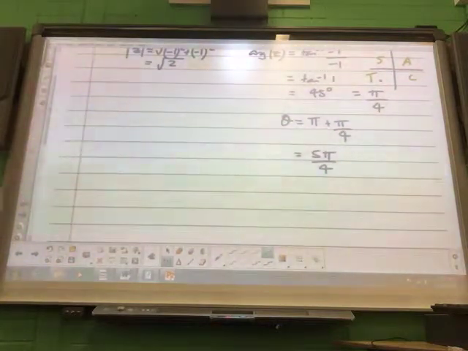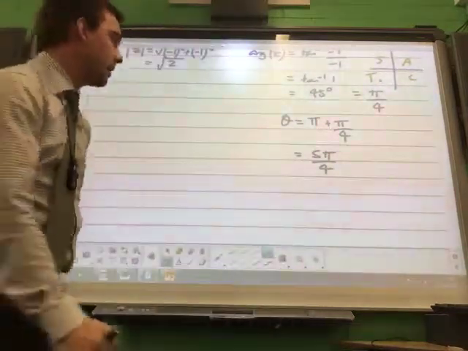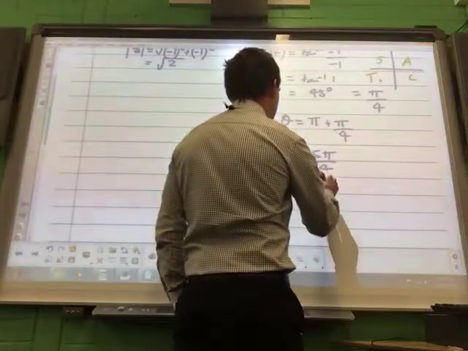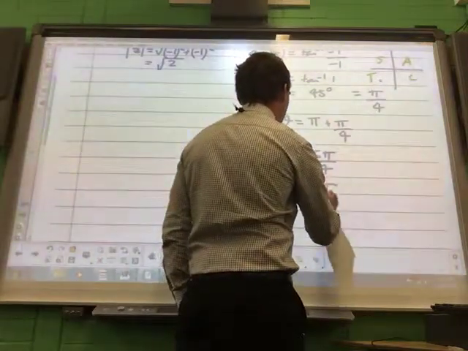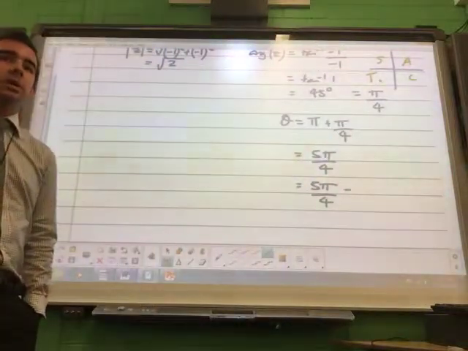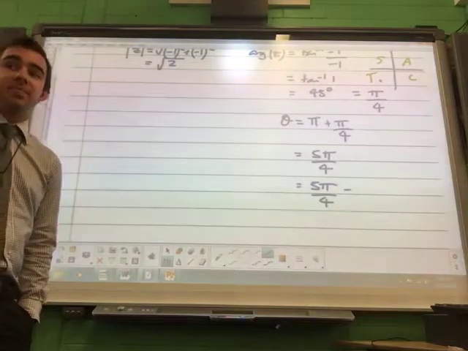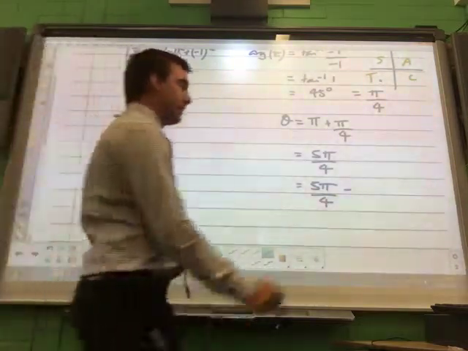So how am I going to get that back into the correct domain? 180, 360. So it's outside the domain. We need to take 5 pi on 4 and take away 360 degrees to get it back into the domain. What's 360 degrees in radian measure? 2 pi.